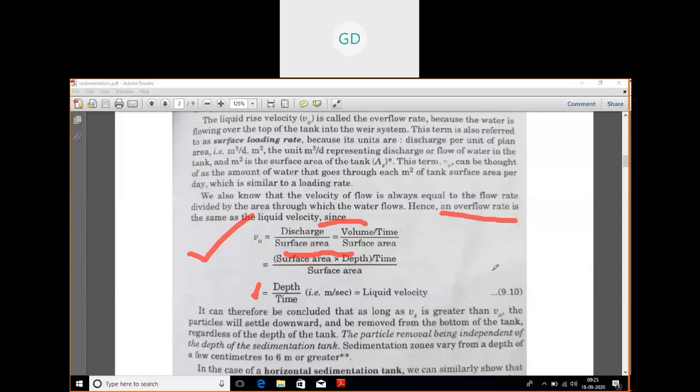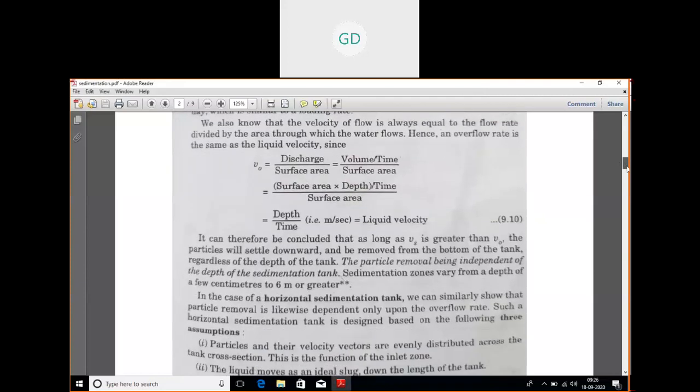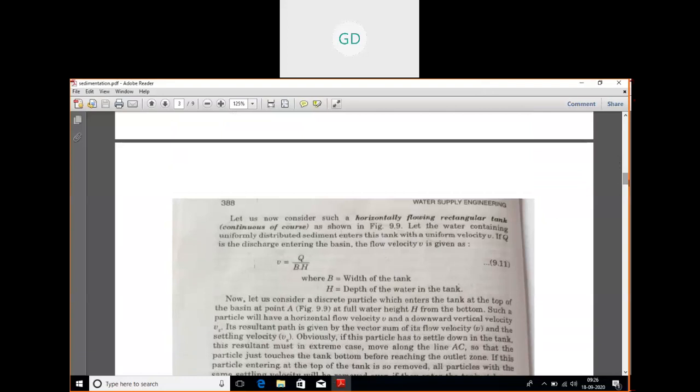Okay, so let's proceed to the next formula. Write down this formula. This is the formula for your flow velocity.